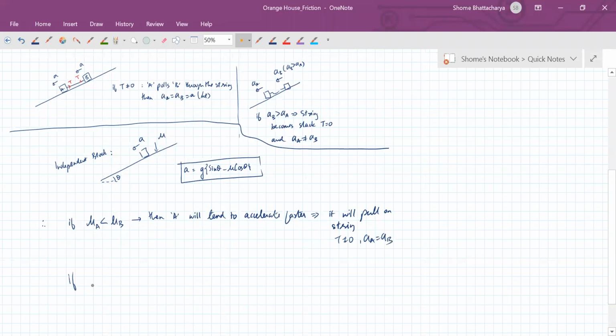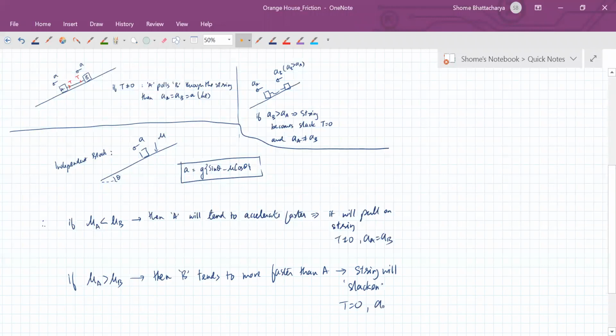But on the other hand, if coefficient of friction of A is greater than coefficient of friction of B, then B tends to move faster than A. So in that case, the string will slacken, and as the string slackens, tension will be zero, and acceleration of B will be greater than acceleration of A. So that is how you have to understand this question.